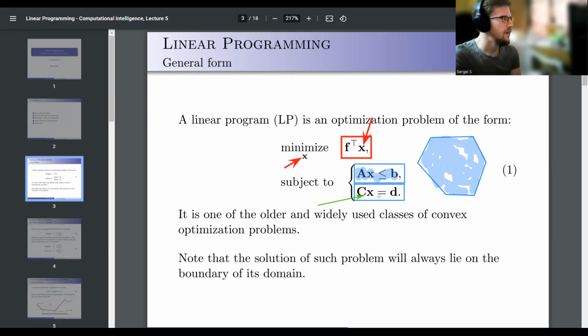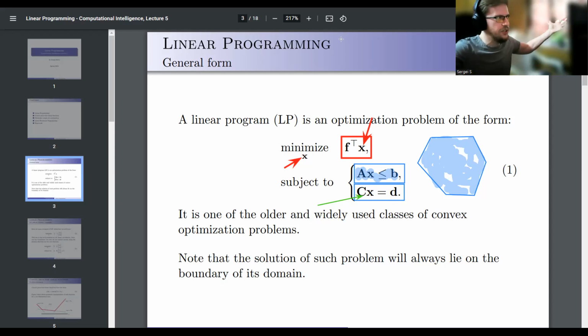Now, before we move on, let's ask ourselves, what does this mean? Well, this is a linear equality. So it means that linear equalities in general describe hyperplanes. If D was equal to 0, it would describe a linear space. But if D is not 0, it means there's an offset from the origin. So it is a hyperplane.